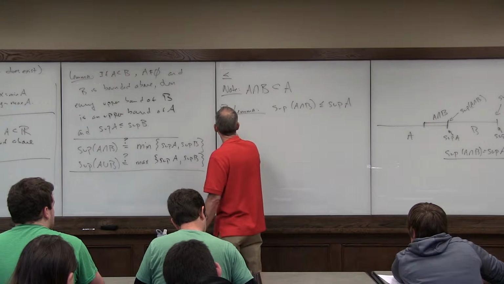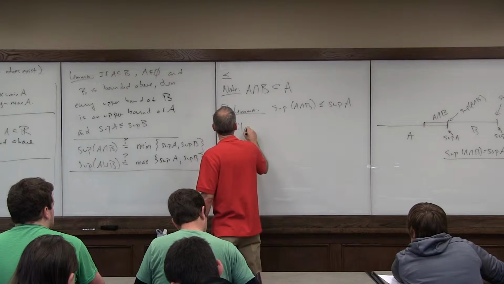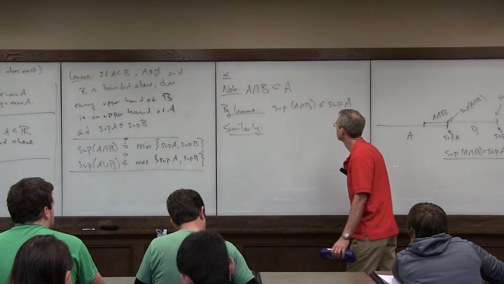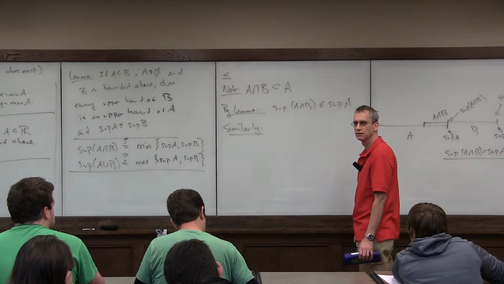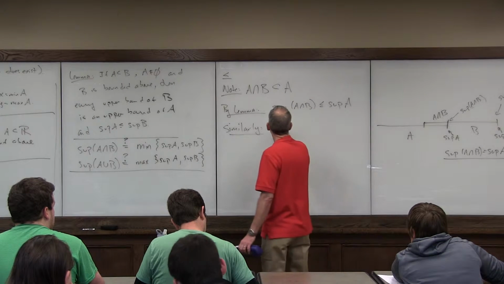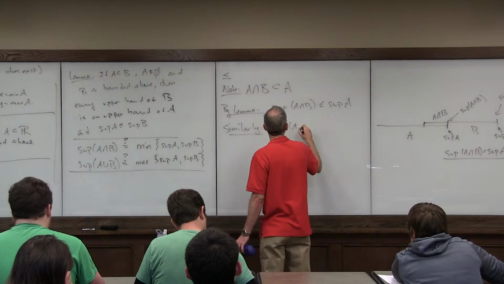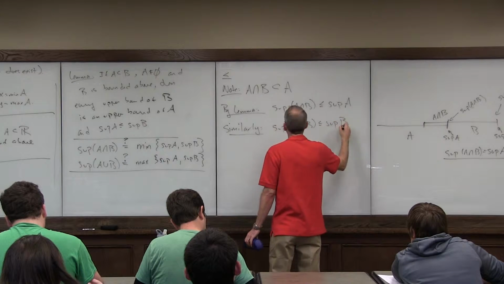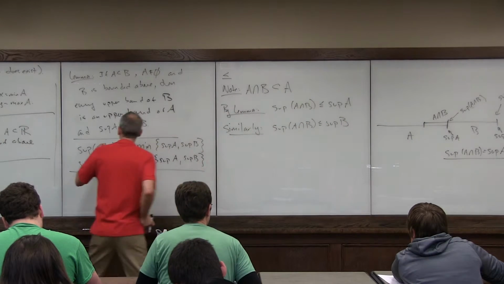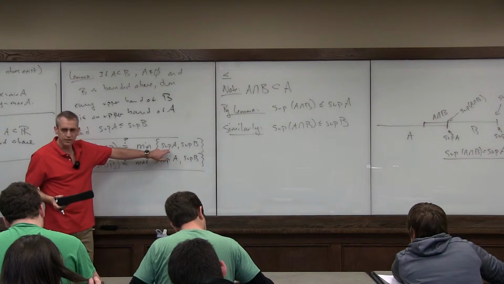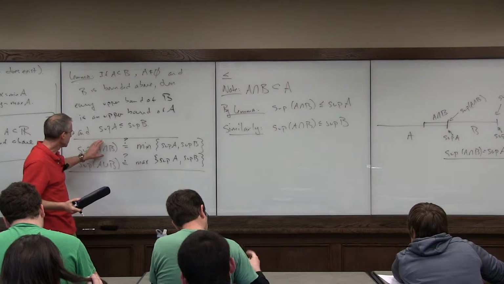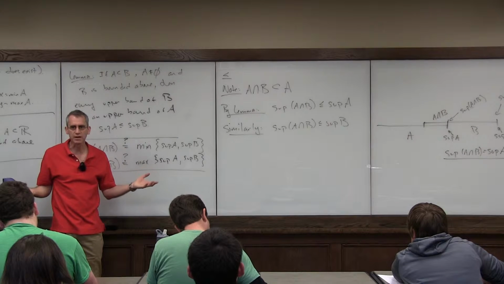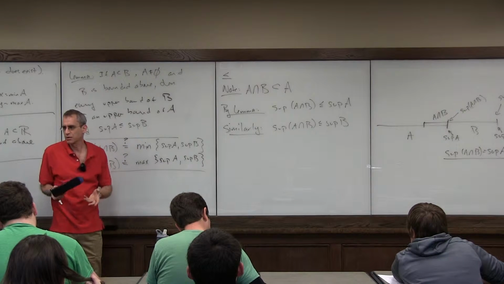And similarly, it's less than or equal to sup B? Yep. Okay, so what have we got? This thing is less than or equal to that, and this is also less than or equal to the other one. So whichever one is the minimum, it's less than or equal to both of them.